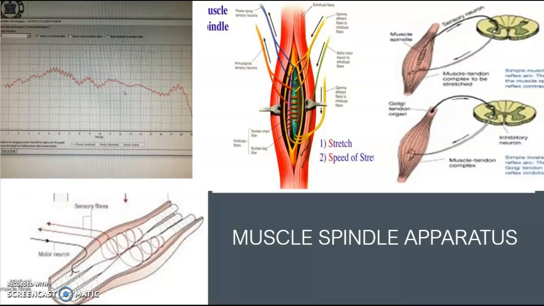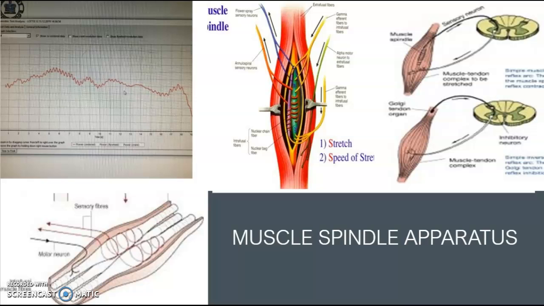Gamma motor neurons control muscle contraction in response to external forces acting on the muscle. In response to these external forces, the gamma motor neurons induce the involuntary reflex movement called the stretch arc.